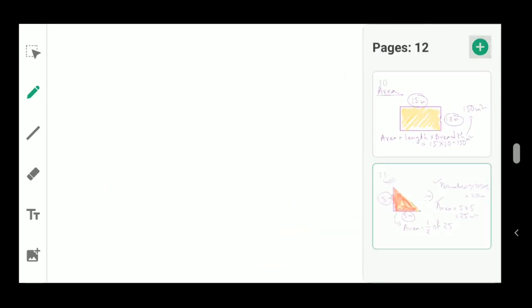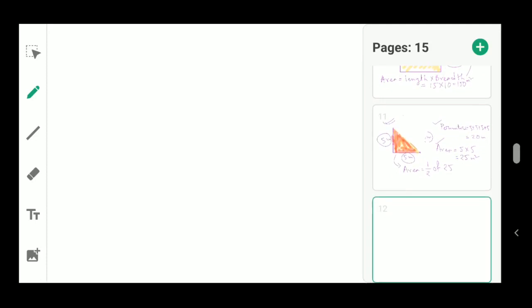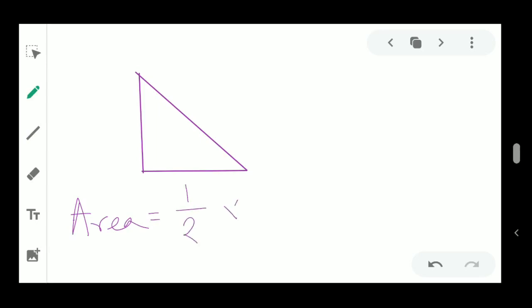So let us create some pages and then move. So whenever we have a triangle like this and two sides are given, the formula for area will be half into its one side.